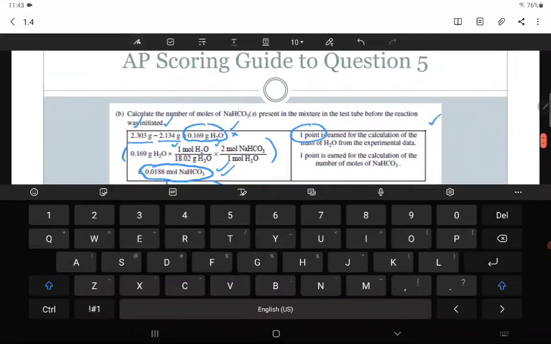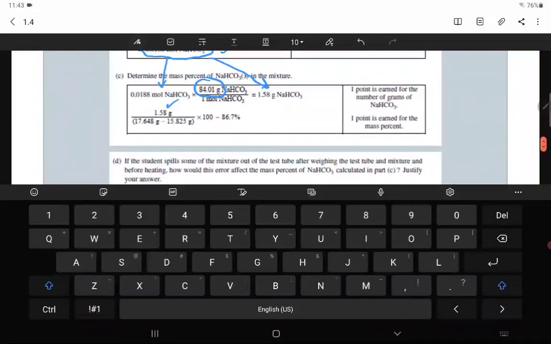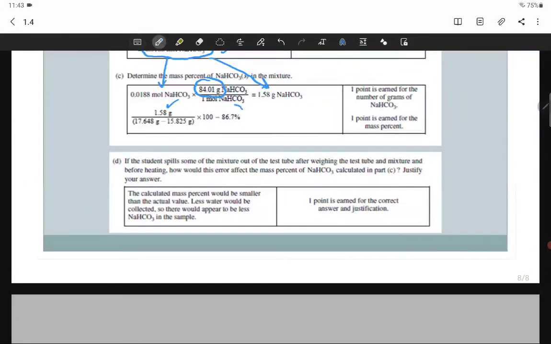And it should be, there we go. So 17.648 minus 15.825 is our total mixture amount. So divide those two times 100, and there is our percent. Okay, so again, if you do this correct and use it correctly here, you get a point. If you would somehow screw that up, but you use it correctly down here, you can still get that point.